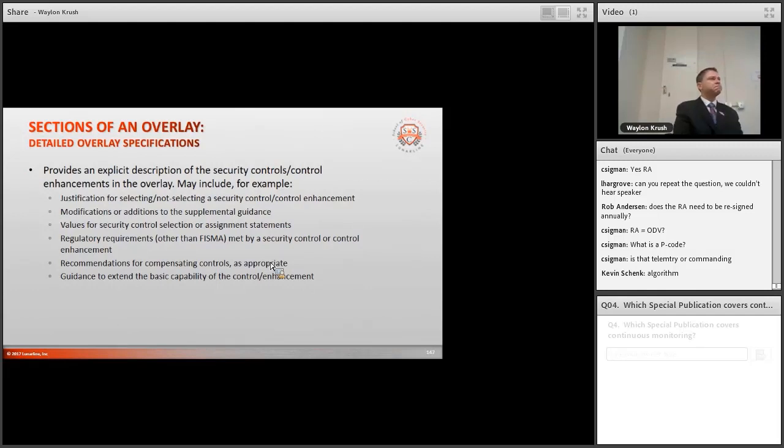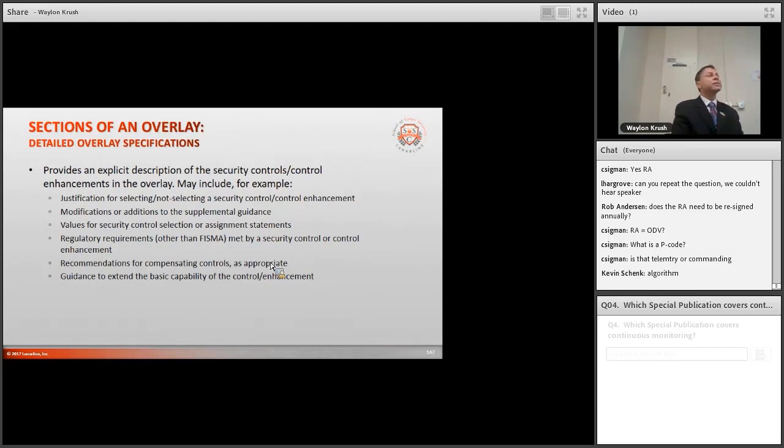Yes, David. So usually it's supposed to be the AO, but a lot of times it's the REF, the risk executive function, who I've always seen approve overlays in coordination with the AO. The AO is the one that gets to really approve them, but a lot of times that's kind of what the REF is.